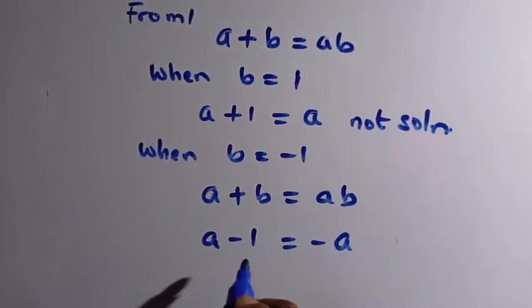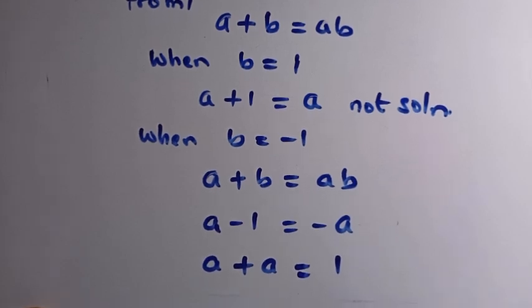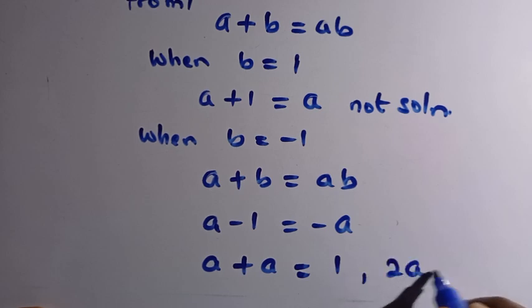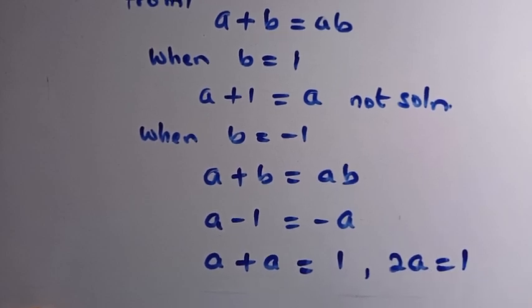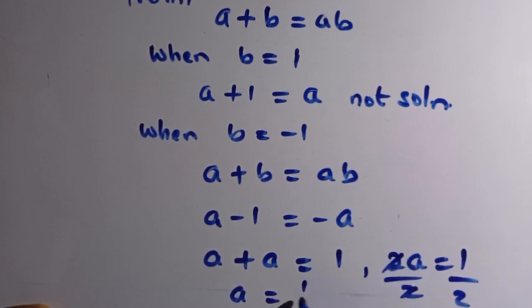We take minus a here, and we have a plus a equals; we take minus 1 to the other side, it becomes plus 1. After adding a plus a, this gives us 2a equals 1. When we divide both sides by 2, 2 cancels 2, and we have a equals 1 over 2. It shows that at b equals minus 1, we have the value of a, which is 1 divided by 2.